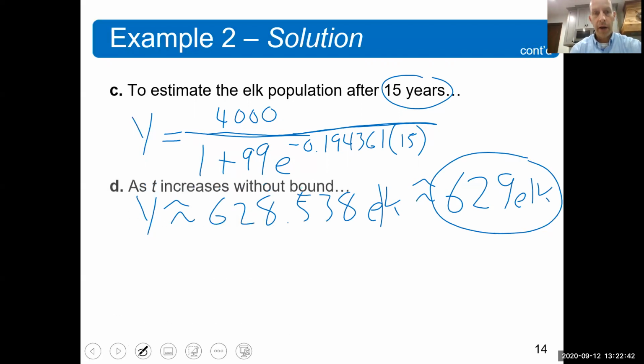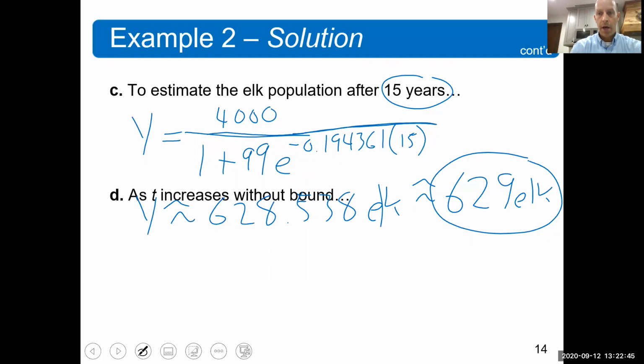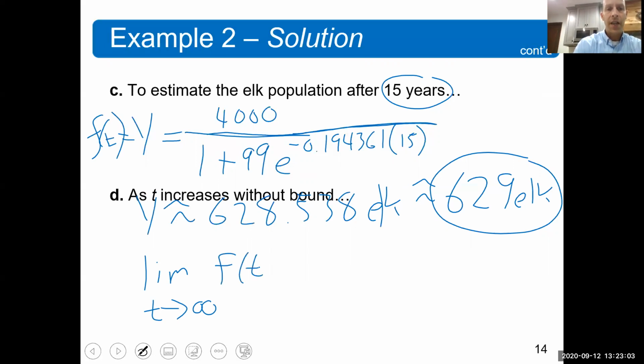And then our very last question is, what is going to be the limit as t goes to infinity of, and I'm going to call this f of t, just so I don't have to write it again. What is going to be the limit of f of t for this particular problem?